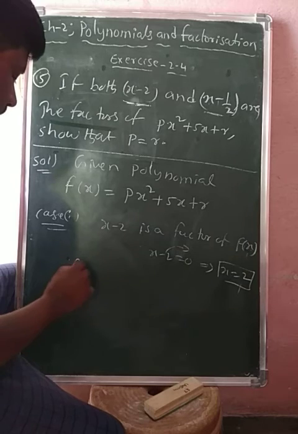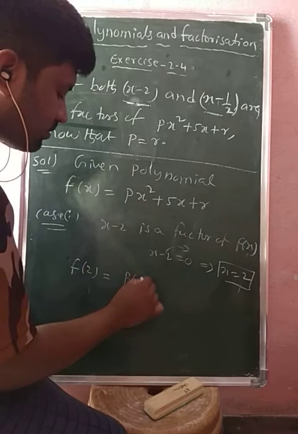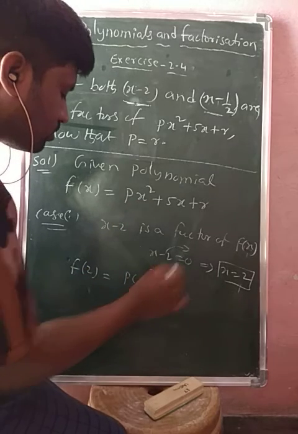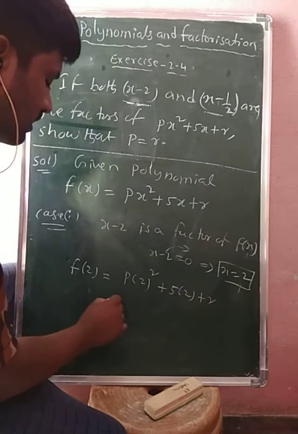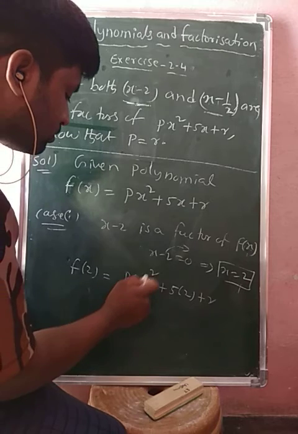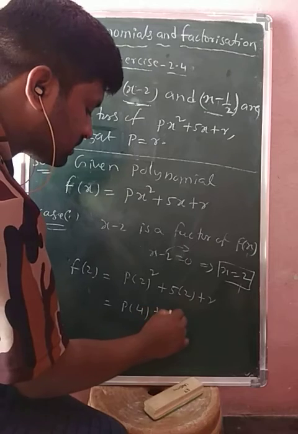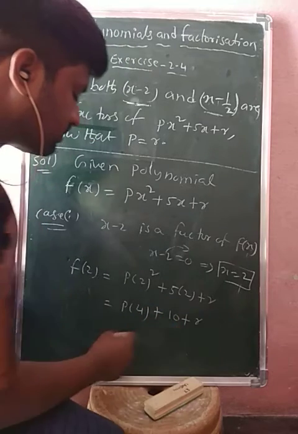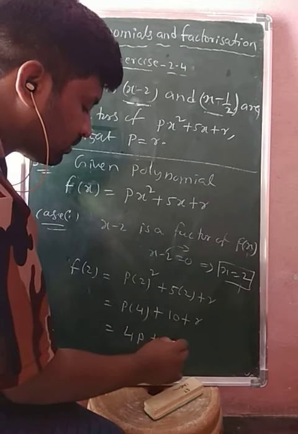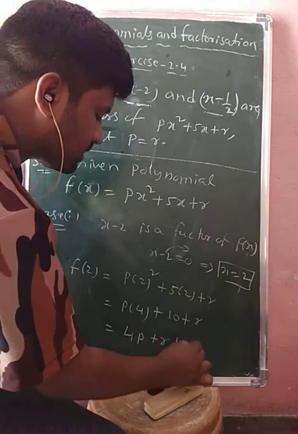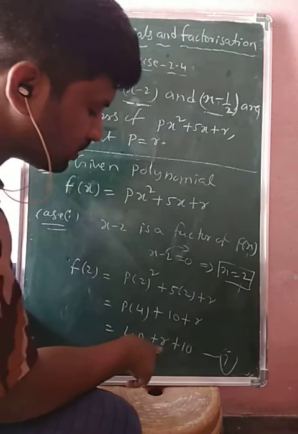See, f of 2 is equals to p of 2 whole square plus 5 of 2 plus r, that is p of 4 plus 5 2s are 10 plus r. Then we get p into 4, that is 4p plus r plus 10. So this is equation 1, 4p plus r plus 10.